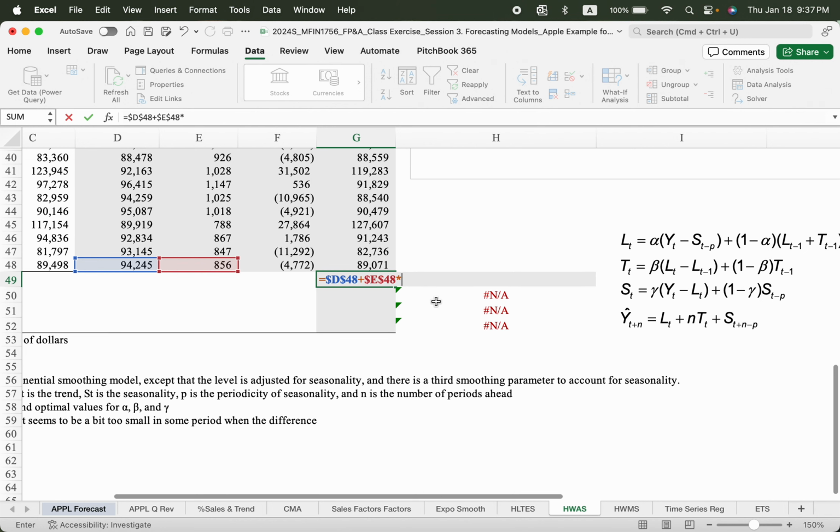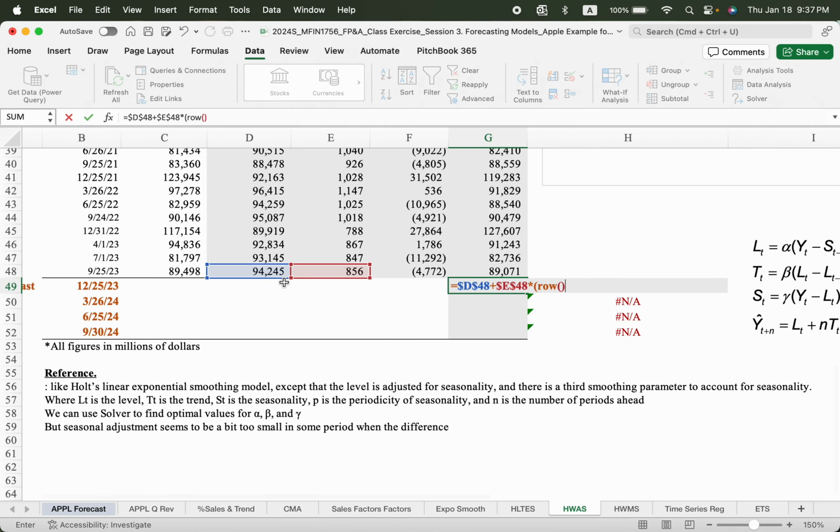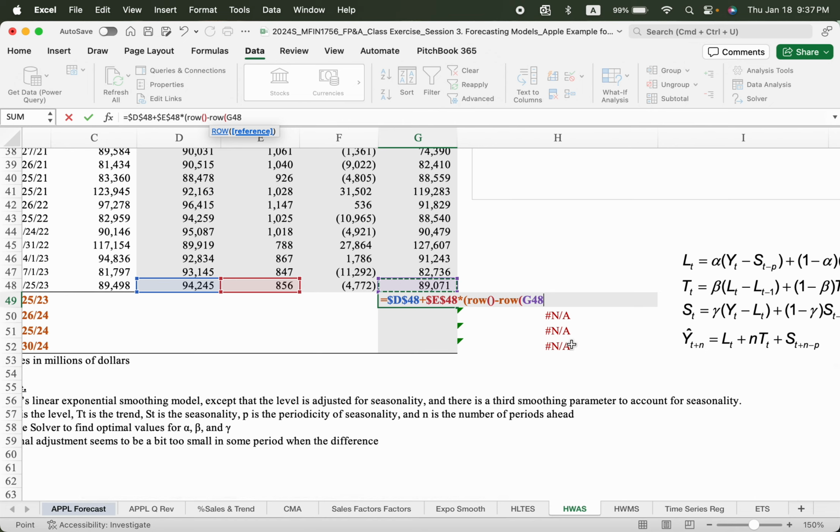then we use the ROW function. Open the parentheses. If we do not refer, then that gives just row 49. Row 49. And then minus, again, the ROW function, open the parentheses. If we refer to this, then this is also row 48. Row 48. And then let's fix this because we don't have any further numbers here.